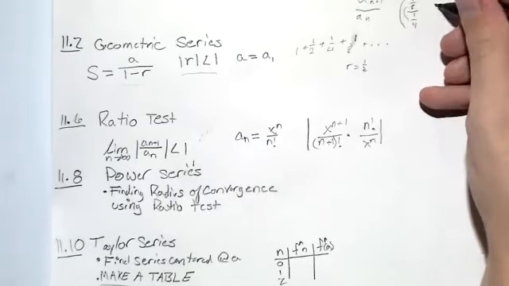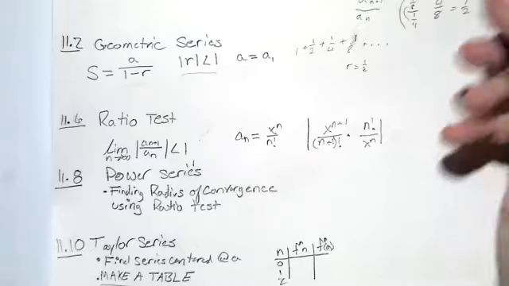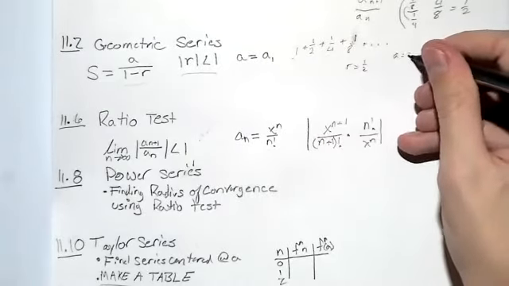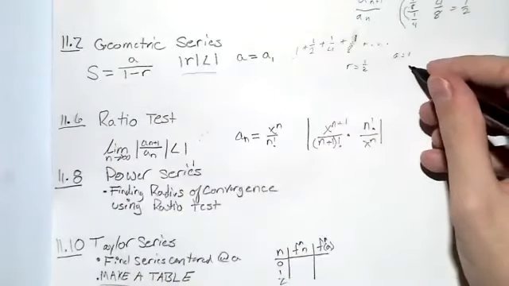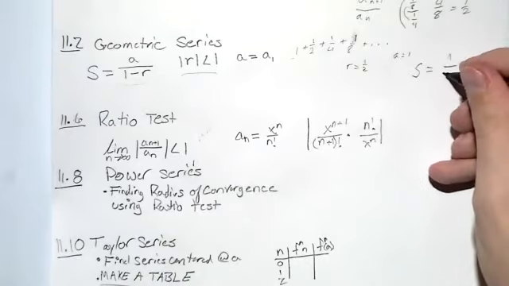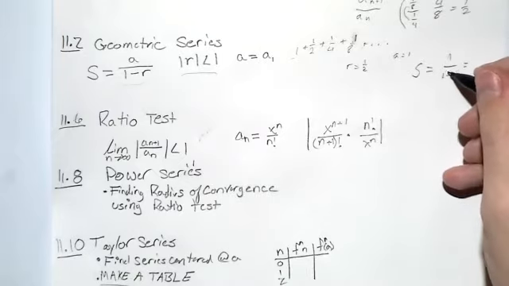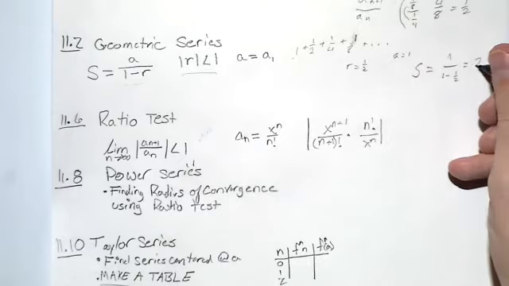Flip this, you get 4 over 8, which simplifies to 1/2. So our first term is 1, so A equals 1, and then we use S and get S equals 1 over 1 minus 1/2, which is 1 over 1/2, which is equal to 2.